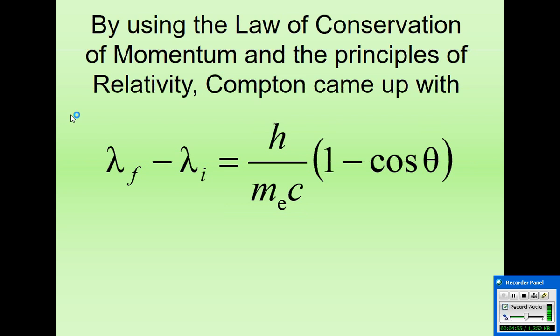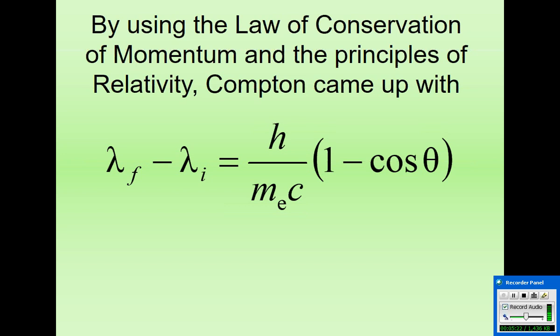It turns out that because theta is always between 0 and 180 degrees, cosine theta is always between 1 and negative 1. Now, if theta is 0, cosine of 0 is 1, and we get that there's no change in the wavelength. It's like the incoming photon just skips over the electron. The other extreme is if the photon bounces immediately backwards.